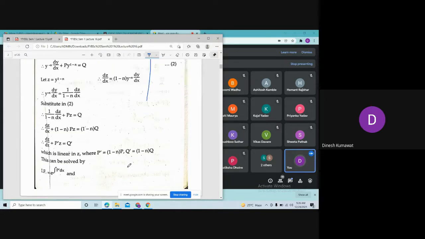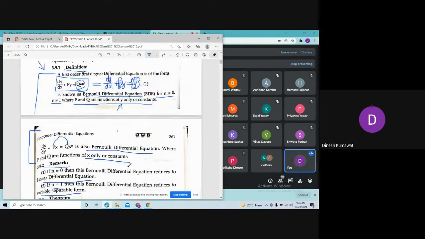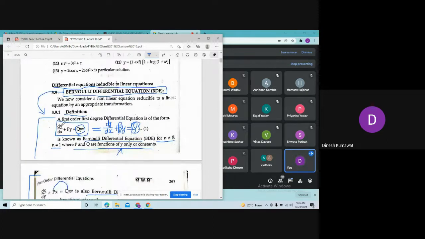So let us correct this. Whenever we are having y over here, then this p has to be the function of x only or constant. Similarly, this q is also a function of x only or constant. So here it is not y, it should be x. This is the printing mistake.